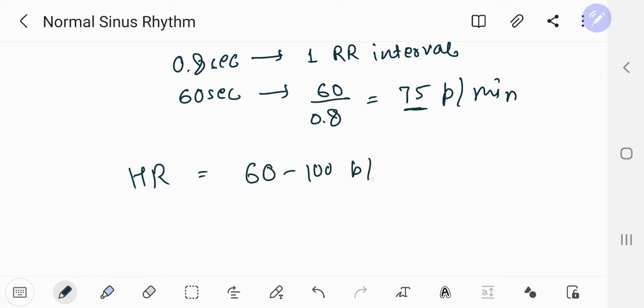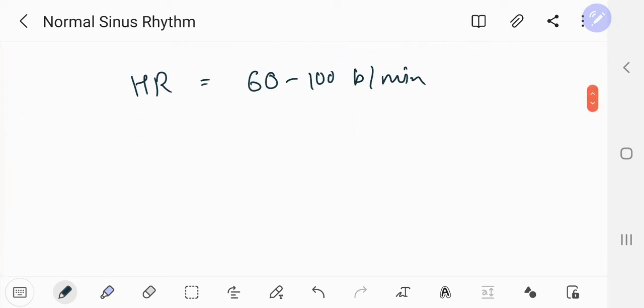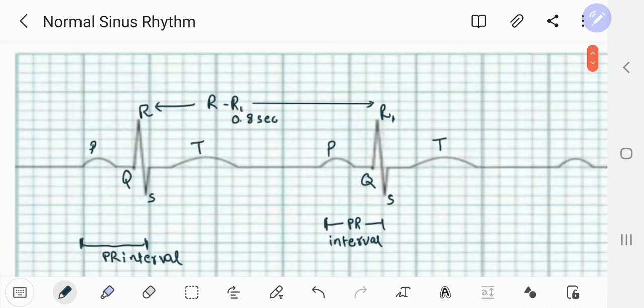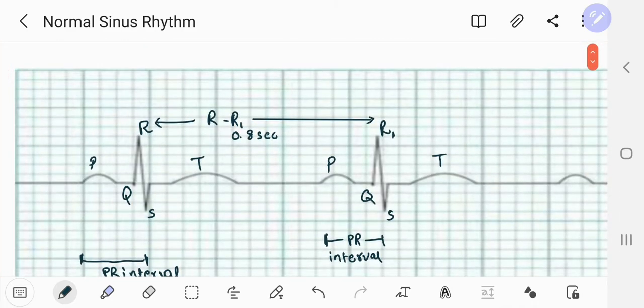Now, if the heart rate is less than 60 beats per minute, this is known as sinus bradycardia. This means fewer RR intervals, that is, the RR interval is prolonged. So the ECG will not show an RR interval of 0.8 seconds, but an increased RR interval in bradycardia.